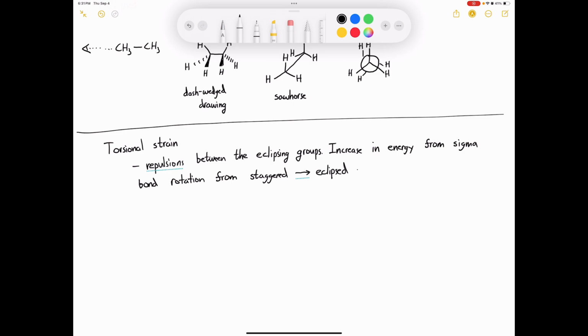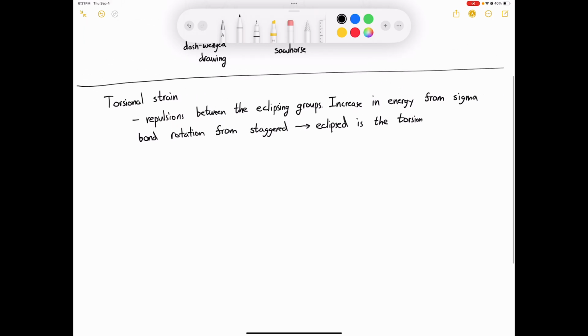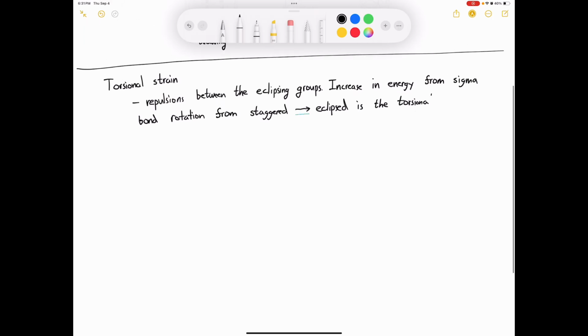Same kind of concept. So this energy is called the torsional energy. In order to rotate and arrange the atoms this way, this is called the torsional energy.